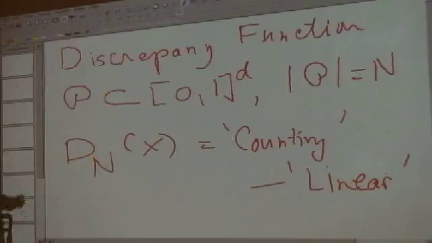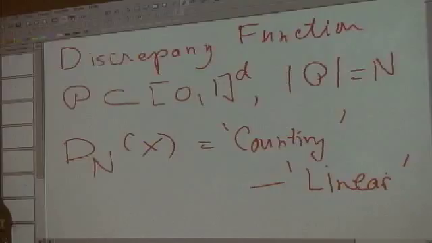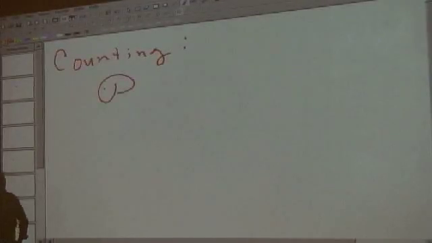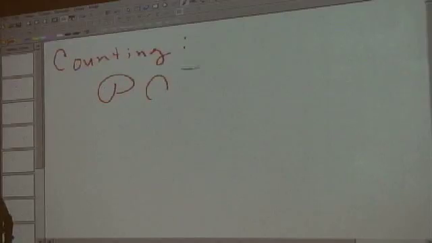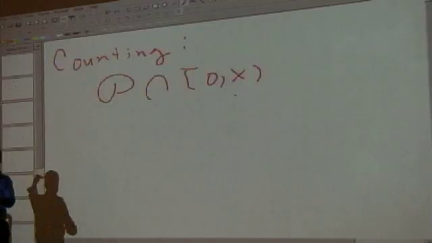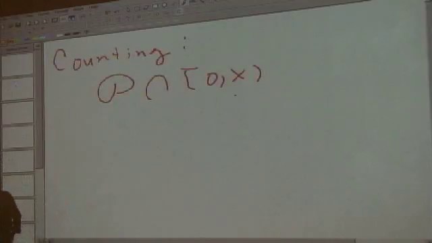And I've written it this way because I'm running out of room on the slide. So the counting part: you take your selection of points P, you intersect a box anchored at the origin and at point x inside the unit cube, and then you count.